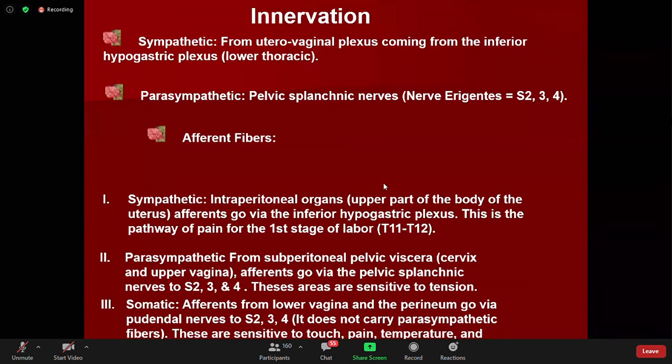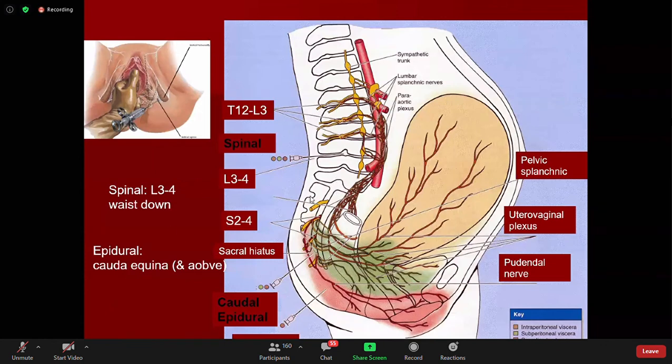Everything I said is written here. So either you do a spinal injection: a needle at the level of L3, L4, just above the waist here.